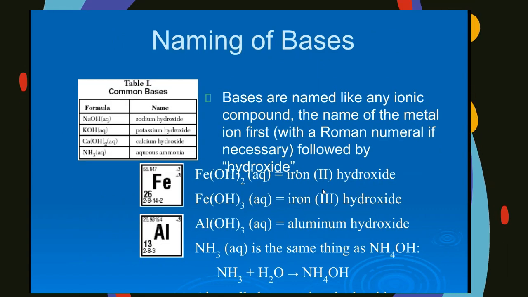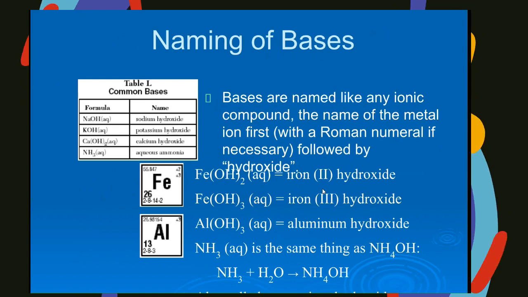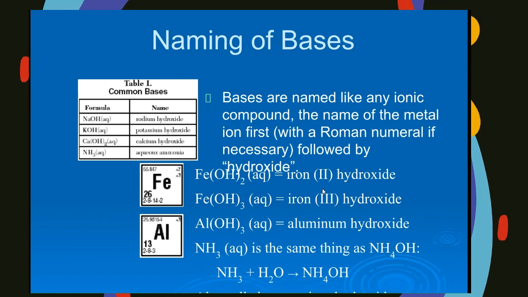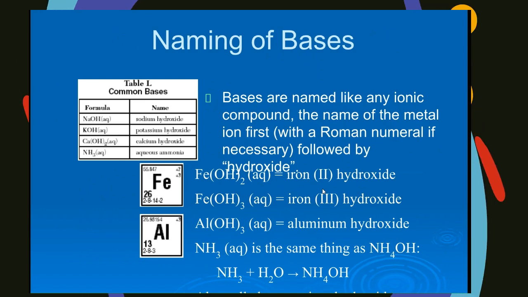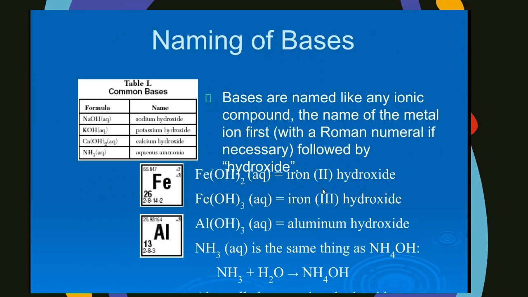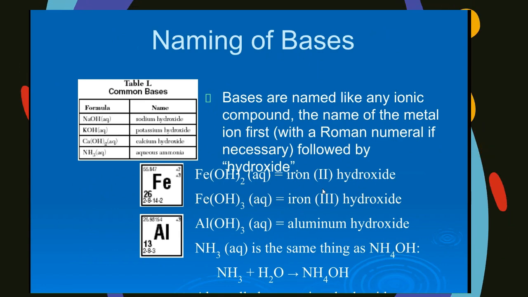Now, how do we name the bases? Bases are named like any ionic compound: the name of the metal ion first, with a Roman numeral if necessary, followed by hydroxide. Now, Fe(OH)2 aqueous: we write the metal name first, iron, and show the Roman numeral, how many hydroxides are present.